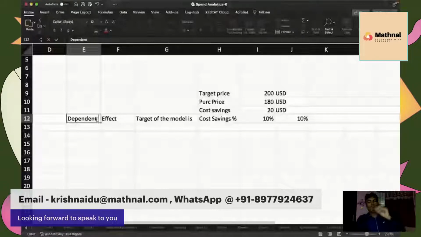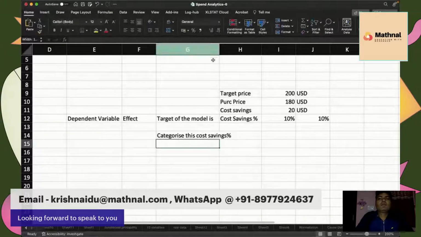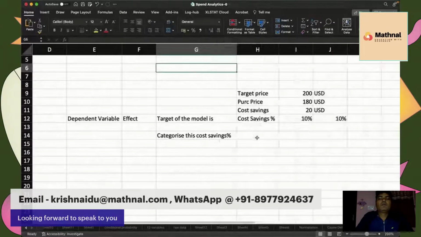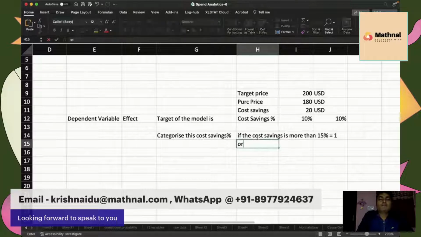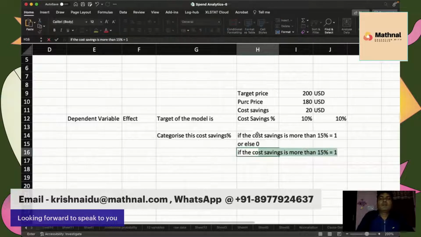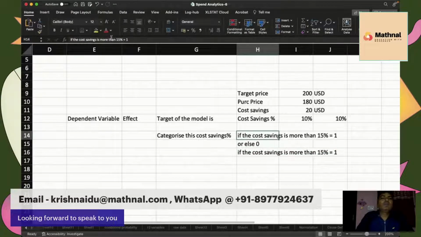Okay. So now what we're going to do is categorize this cost savings percentage. If the cost savings is more than or equal to 15%, we'll define this as 1, or else 0.